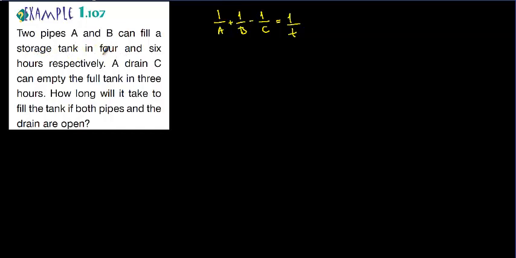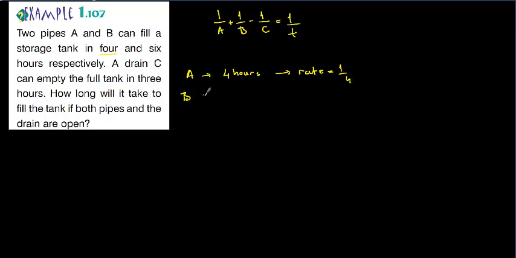They work one by one. They finish in 4 hours. So for A, if it is 4 hours, it means that the rate is 1 over 4.